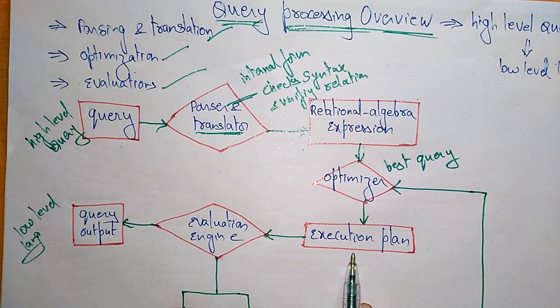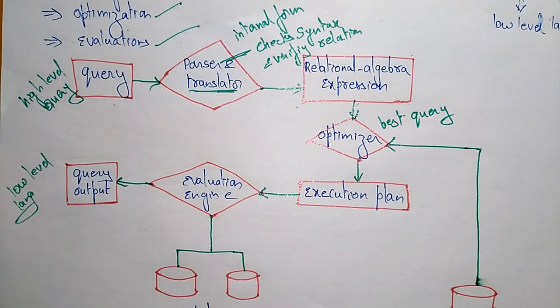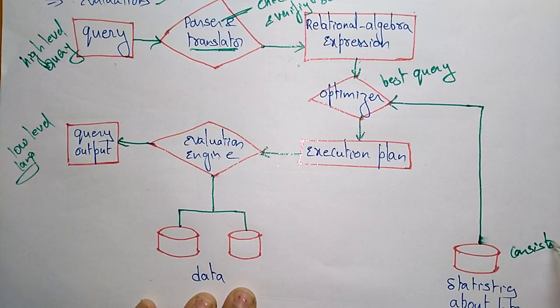Now the query execution engine takes the evaluation plan and places it in the evaluation engine. Here the statistics about the data help it, and this is held in the DBMS catalog.